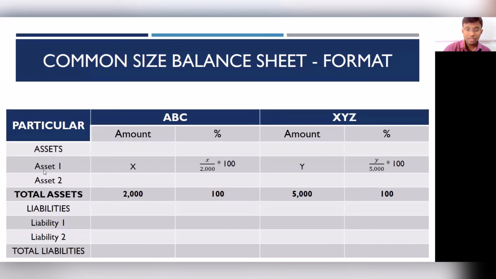Asset one, which could be any one of the assets, you would calculate as a percentage of the total assets which belong to the company. That is how you go about the common size balance sheet. Similarly, you will do this for liabilities as well. When you prepare the values of both these companies on a common line in terms of percentage, it helps you carry out a proper evaluation and a proper study. So this is the advantage of the common size balance sheet.